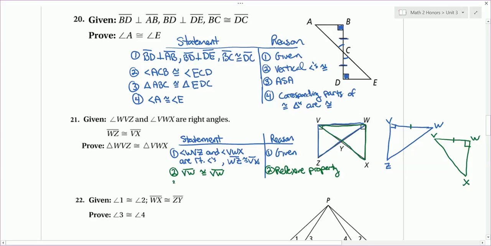We can also say that angle V is congruent to angle W since they're both right angles.